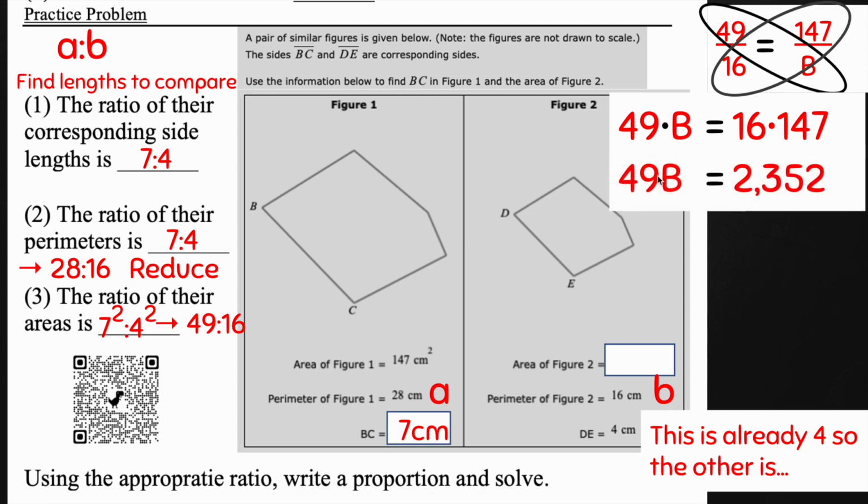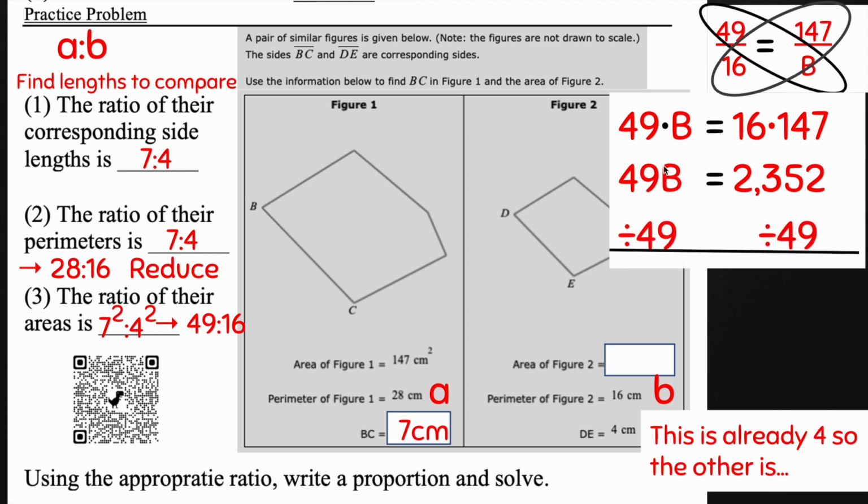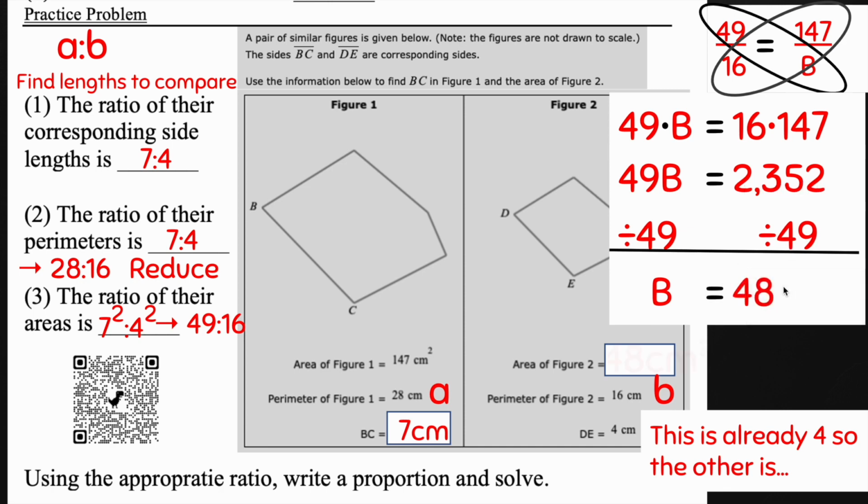I just smush them together. And when I multiply 16 times 147, I get 2,352. So now I'm going to divide by 49 on both sides so that I can get B by itself. So 49 divided by 49 is just B because 49 by 49 cancels. And 2,352 divided by 49 is 48.